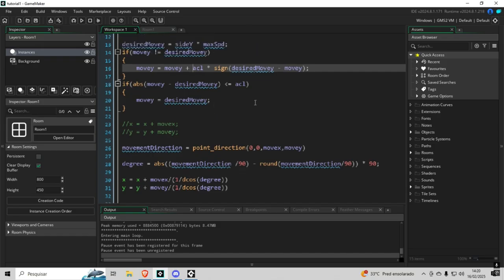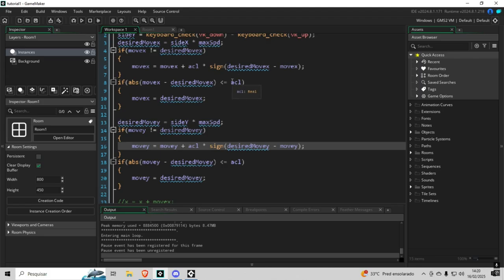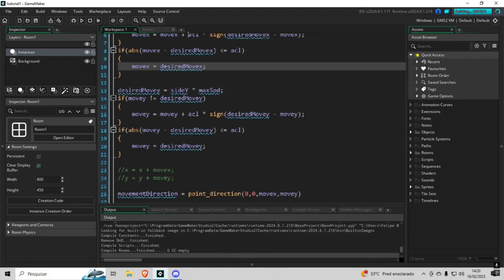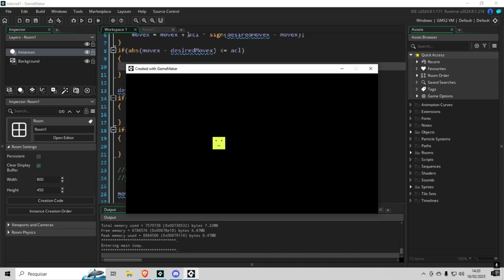However, my code right here has an acceleration, alright? And the acceleration will make it so if I do the thing that I said of just detecting which keys are being pressed and then dividing, what would happen is that if my player speed was like here, I'm just tapping the key to move him up.